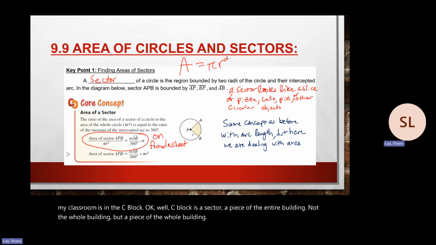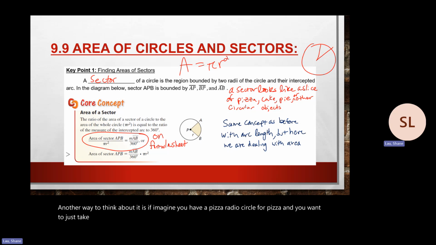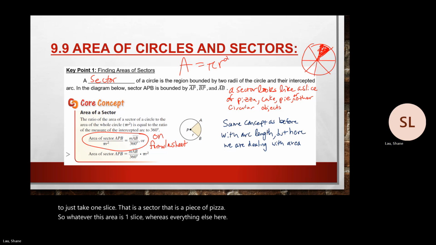Another way to think about it is if you have a pizza, a circle, and you wanted to just take one slice. That is a sector. That is a piece of a pizza. Whatever this area is, one slice, whereas everything else can be whatever it is.